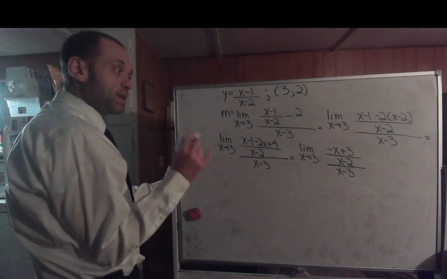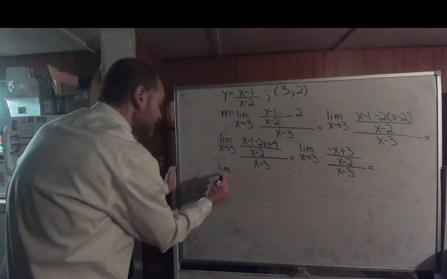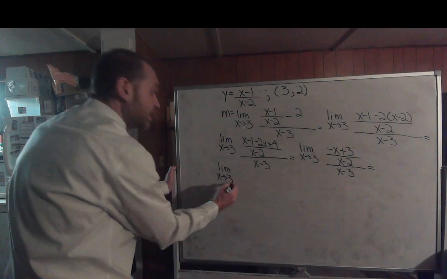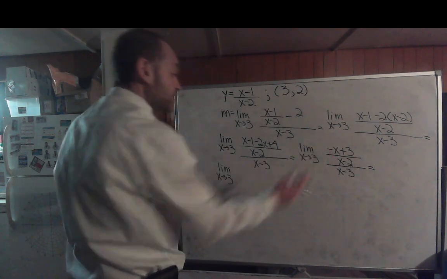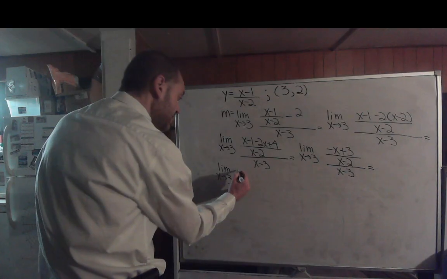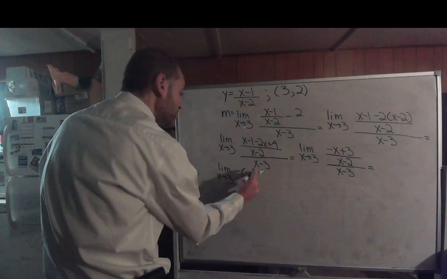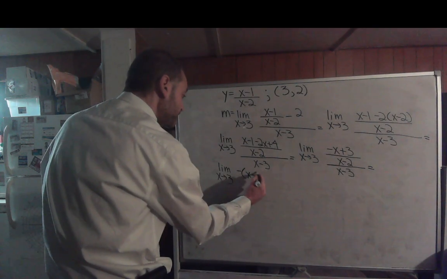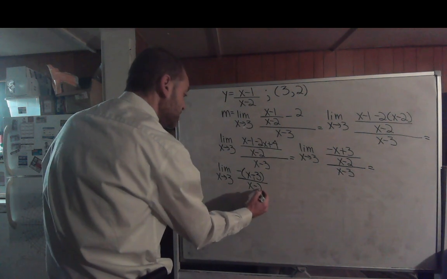Well, this is starting to come together, because the next step is we're going to take the limit as x approaches 3. That negative x plus 3, we can actually factor out a negative 1. We'll end up getting the negative of (x minus 3) all over x minus 2.